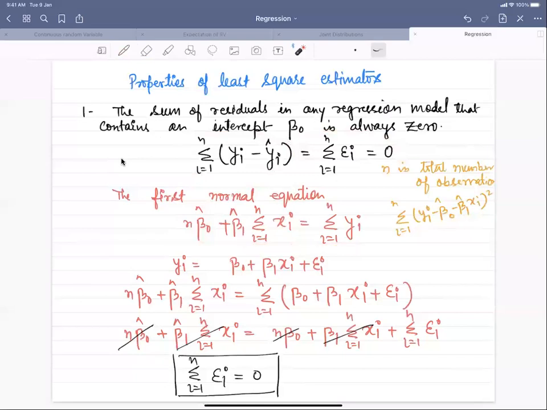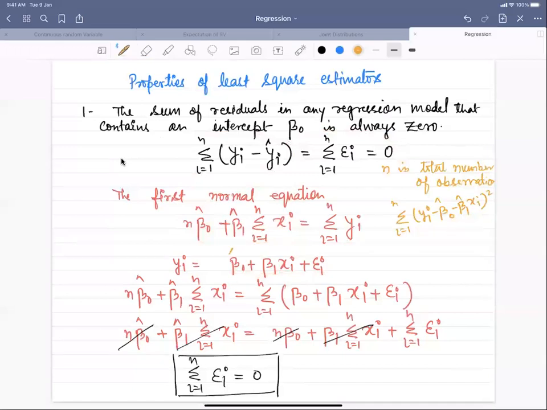And you know that our model for the ith observation is yi equals this. So I can put it here on the right hand side. The left hand side will be simply n beta naught cap plus beta 1 cap summation over i 1 to n xi.